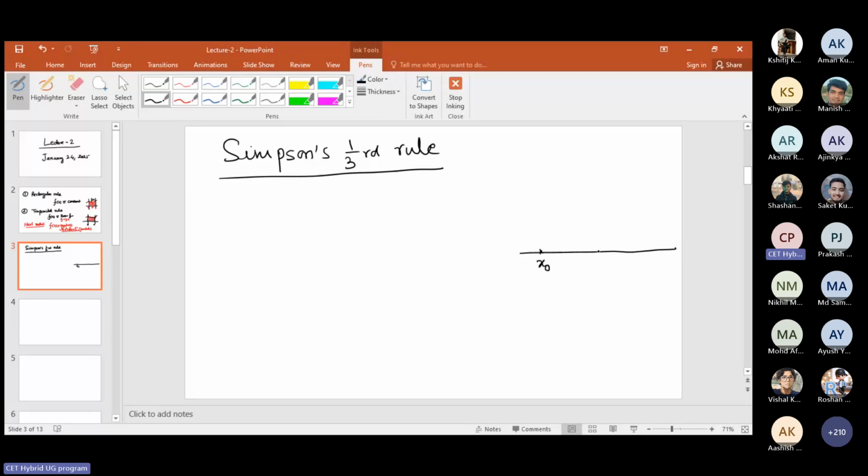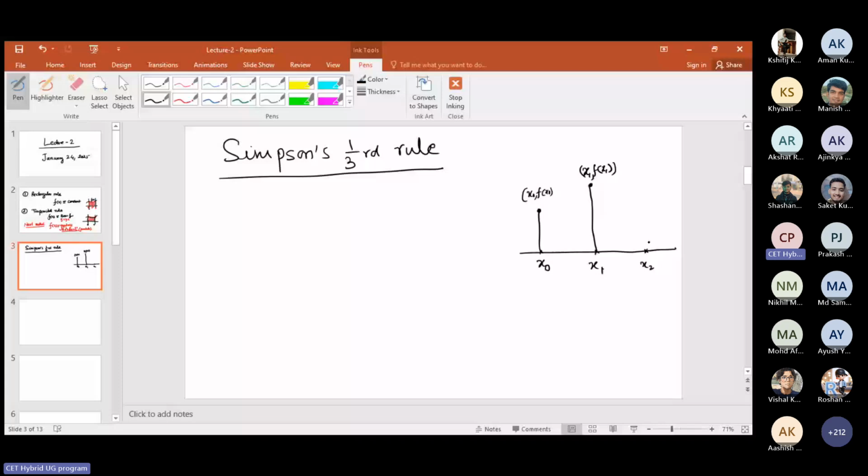Suppose you have 3 points, x0, x1, x2. Corresponding to x0, there is a point f(x0), so the coordinate of this point will be (x0, f(x0)). Now there is another point here, whose coordinate will be (x1, f(x1)).